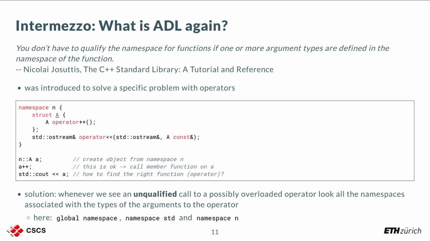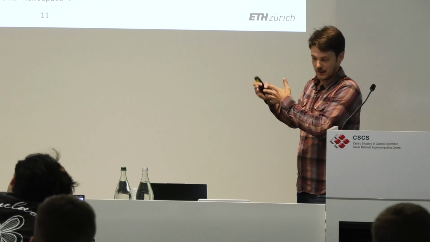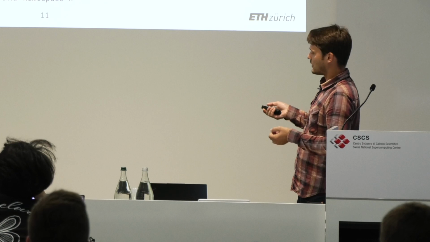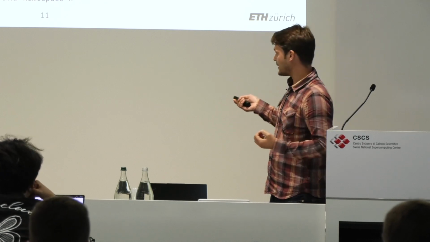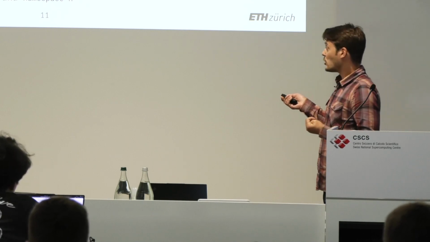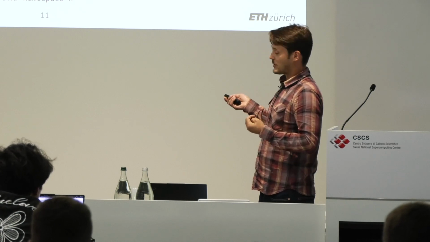And so the solution was, well, whenever we see an unqualified function call, and this one is one in a special form, in kind of an operator form, an unqualified call is just one without adding the explicit namespace where to look for it. Then we should also look in the namespaces of the arguments.